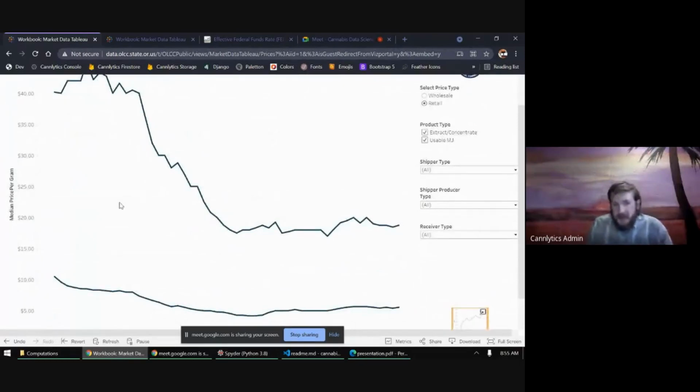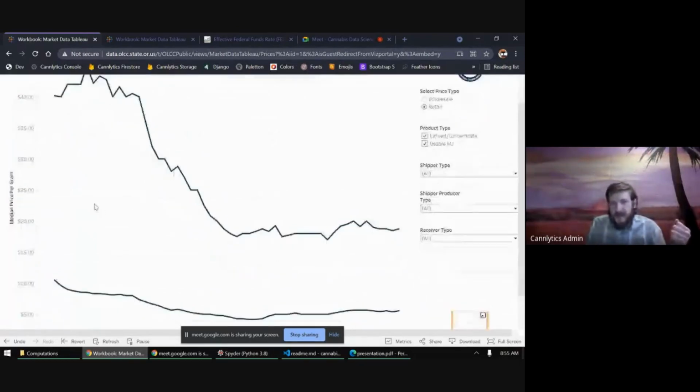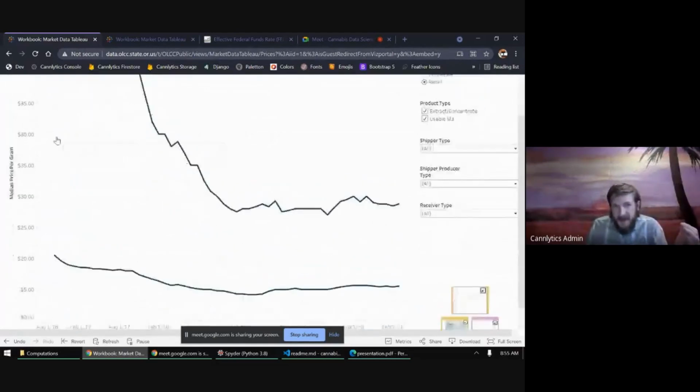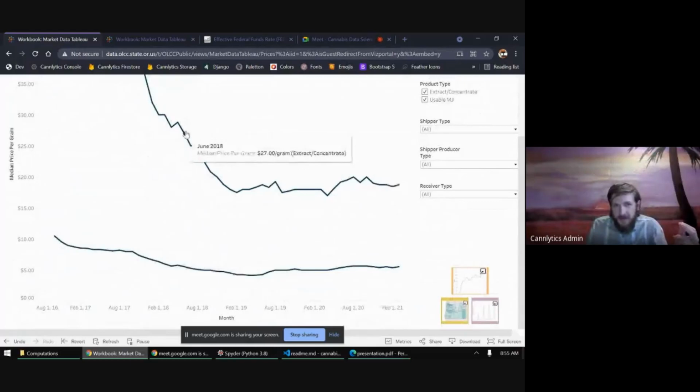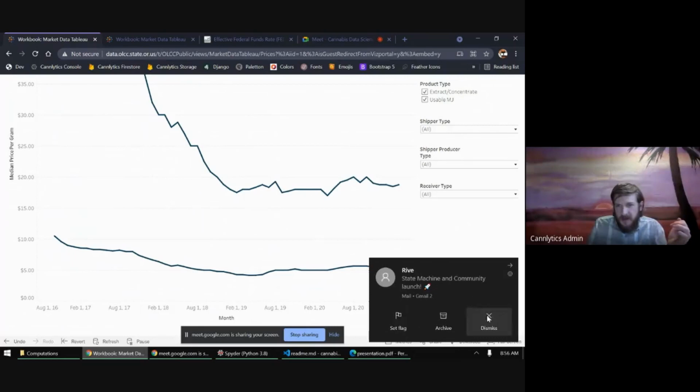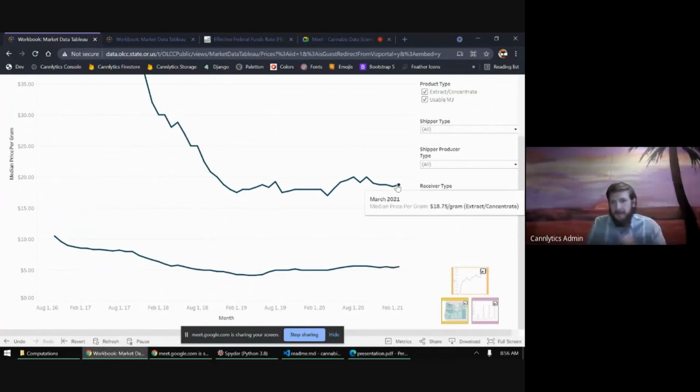So here's what I was sort of referring to. If you see, for concentrates at least, the price dropped by almost 50%. And now for concentrates, it's hovering around $20 a gram, with maybe a slight uptick recently.